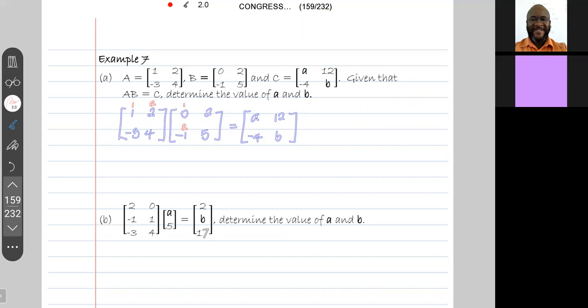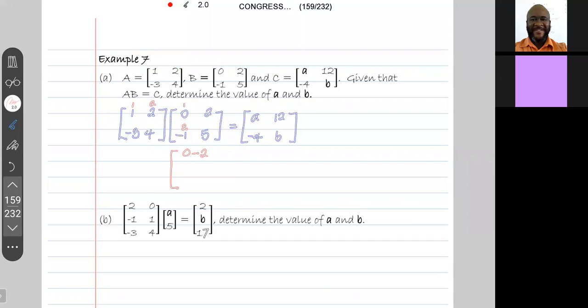The first element in the row is 1, the first element in the column is 0, so we start by multiplying 1 by 0, which is 0. Then we multiply the second element in the row, 2, by the second element in the column, minus 1. 2 times minus 1 is minus 2.